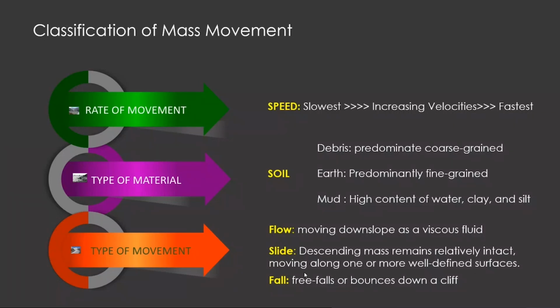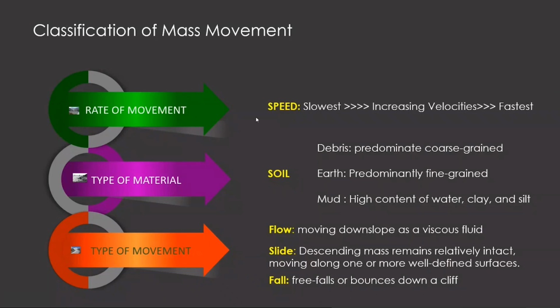In the case of flow, the entire material is disturbed, but in sliding there is a plane through which everything slides. The contact may be affected, but the material which is moving may be intact. That is what we call sliding movements. And falling movement is a free fall or bouncing from a cliff or something like that.